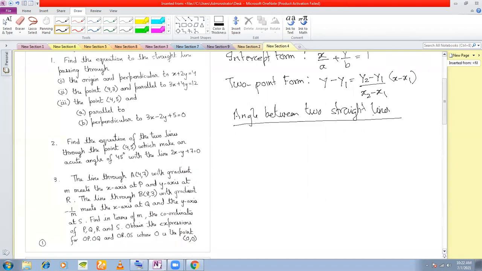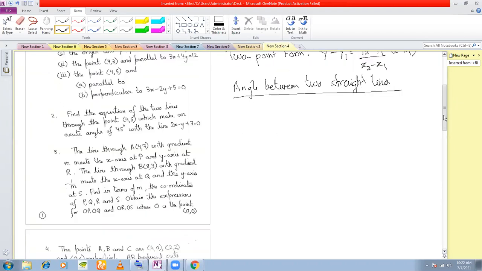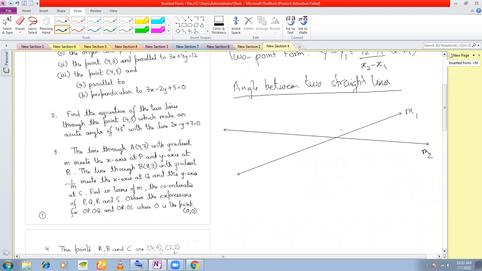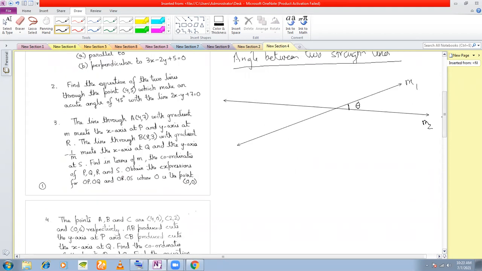Suppose I have a straight line with slope m1, and another straight line with slope m2, such that theta is the angle between them. In fact, there are 4 angles made between them. For the time being, let us consider this to be theta. We'll come across the other angles later.